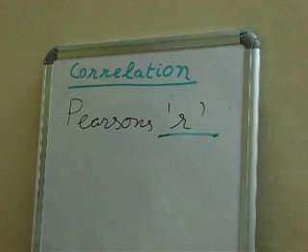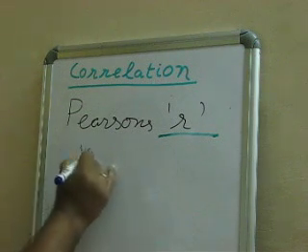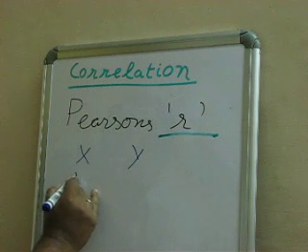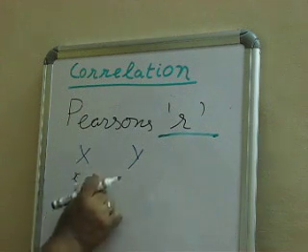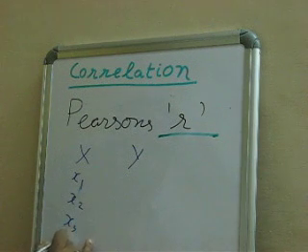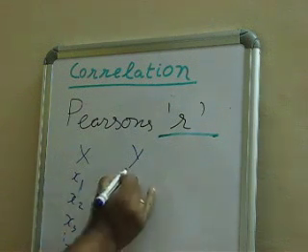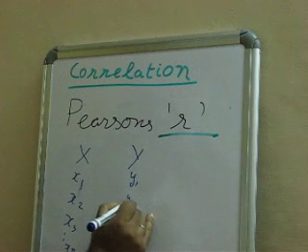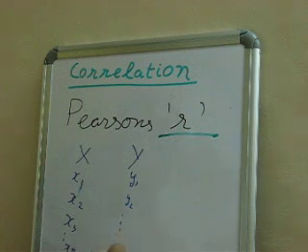So let's say that we have two variables X and Y. X is X1, X2, X3 to Xn. Similarly, Y1, Y2 to Yn.